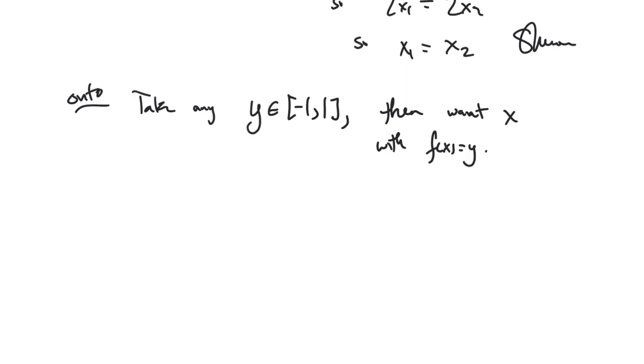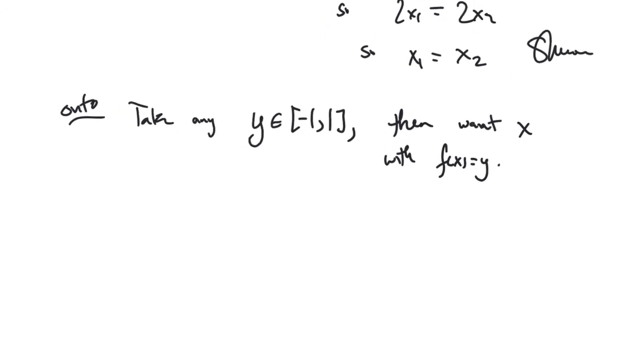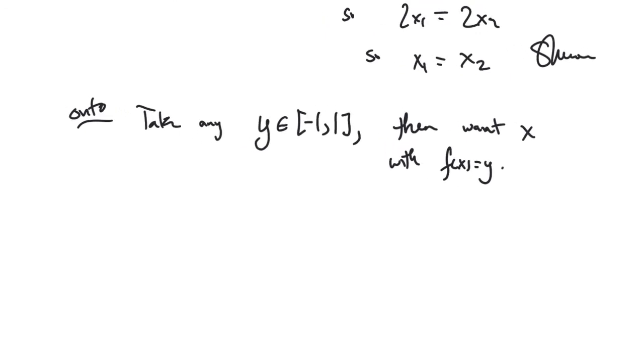Here's how I would show something is onto. In this case, the example we did a few minutes ago with just 2x was quite a bit easier, I think. For this one, with this weird equation, 2x minus 1, we have y in minus 1 to 1. We want to find some x which has f of x equal y. So instead of writing f of x, I'm going to write 2x minus 1 equals y.